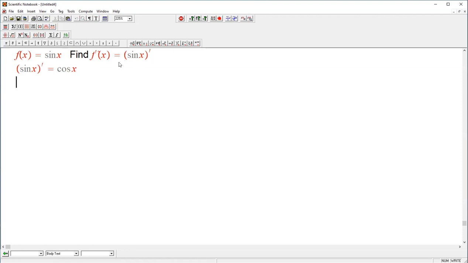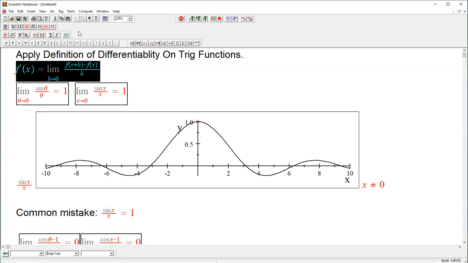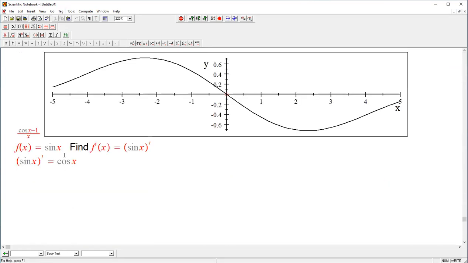Okay. By definition. Okay, here's how it's been done. The proof goes like this. Definition. So we have f of x equals sine x, right?